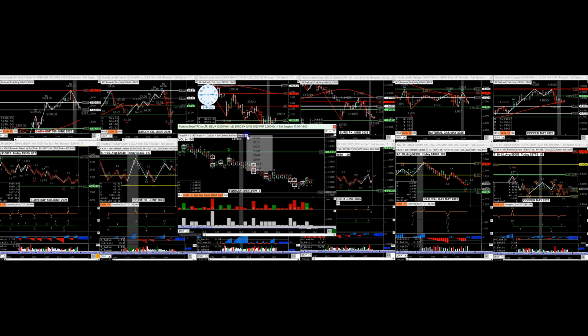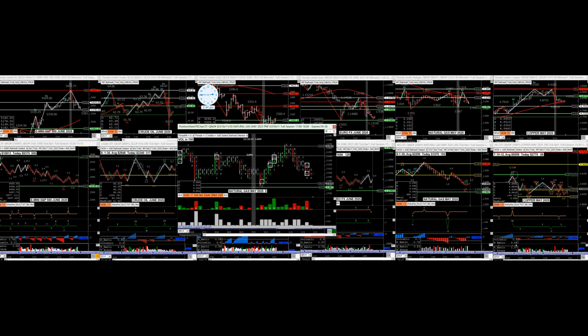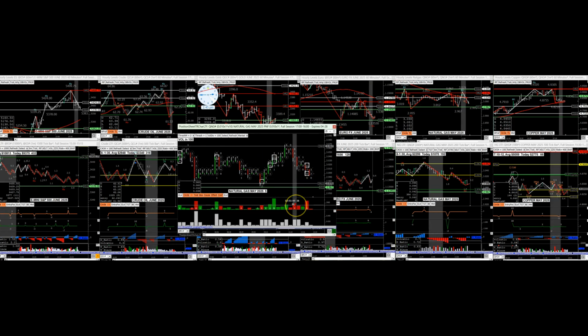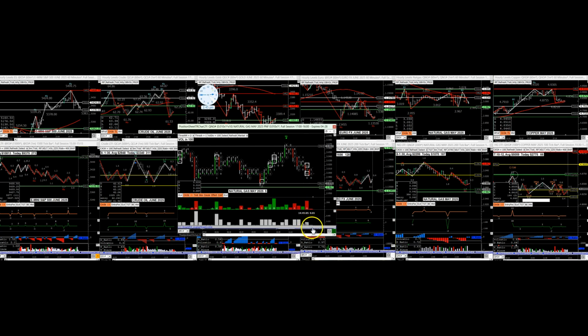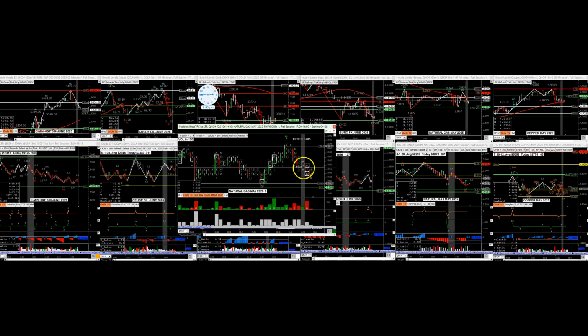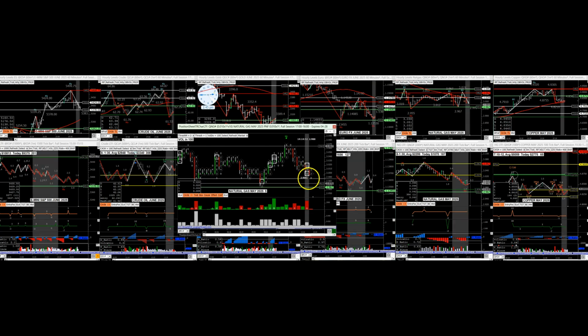Take a look at another example if you have any. This is another example. You have, for example, this volume is producing that much output. More volume is producing less output. Why? Because on the pullback, it's finding demand, buying activity.